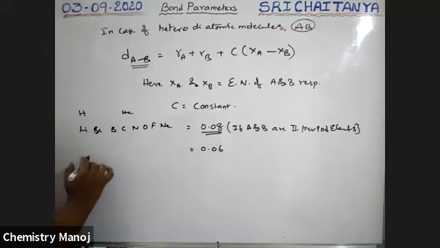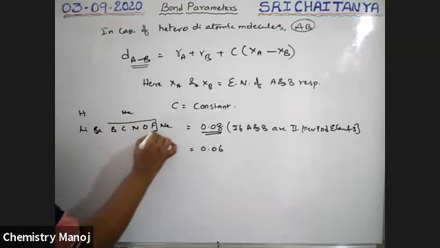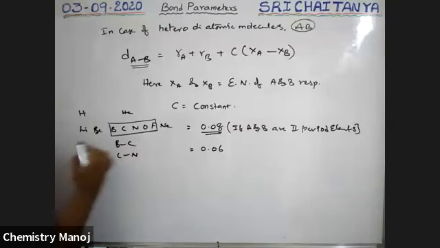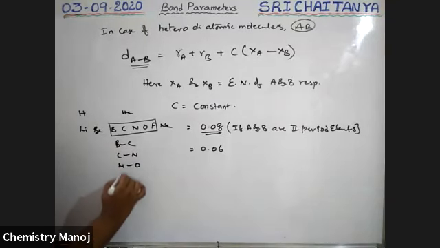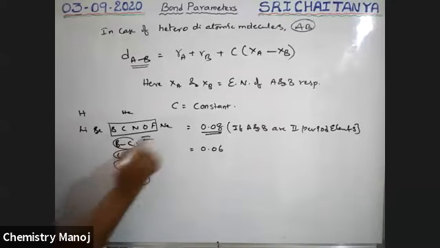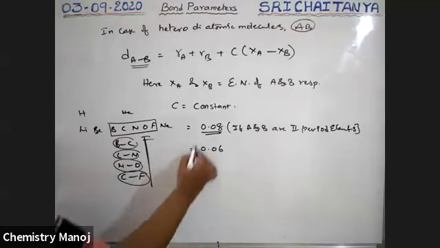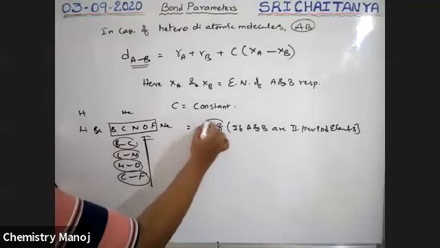So if the bond is between carbon and nitrogen, boron and carbon, nitrogen and oxygen, carbon with fluorine, these are all bonds between second period elements. For such bonds, our C value is equal to 0.08.